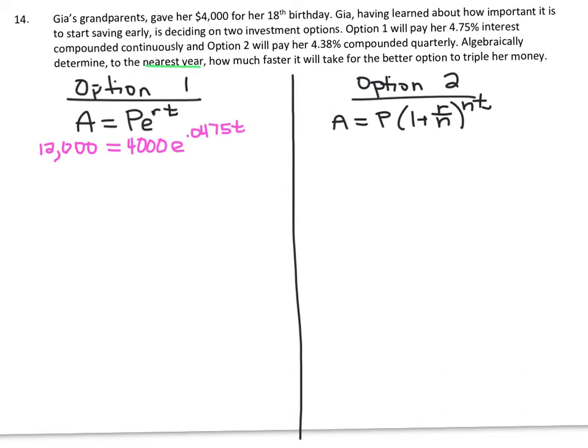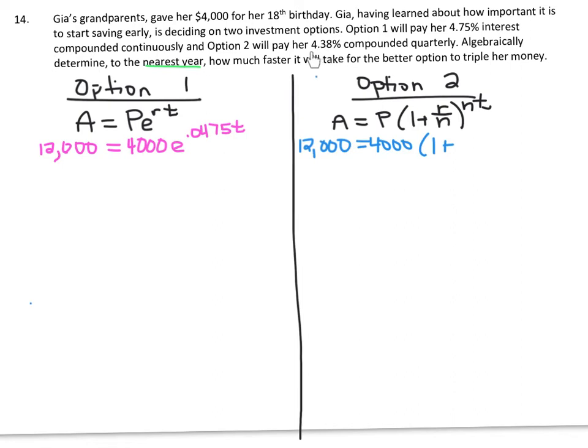And let me just go to option 2. So option 2, the ending amount is still going to be 12,000. We want to know how long is it going to take to triple. So how long will it take to grow to 12,000? The initial amount is still 4,000. That's what she had to invest. And the rate here is now different. This is 4.38%.